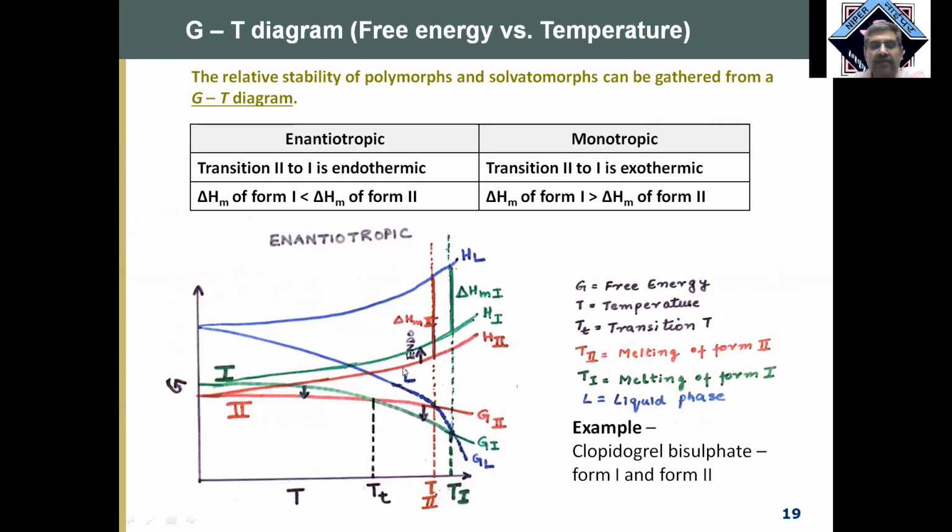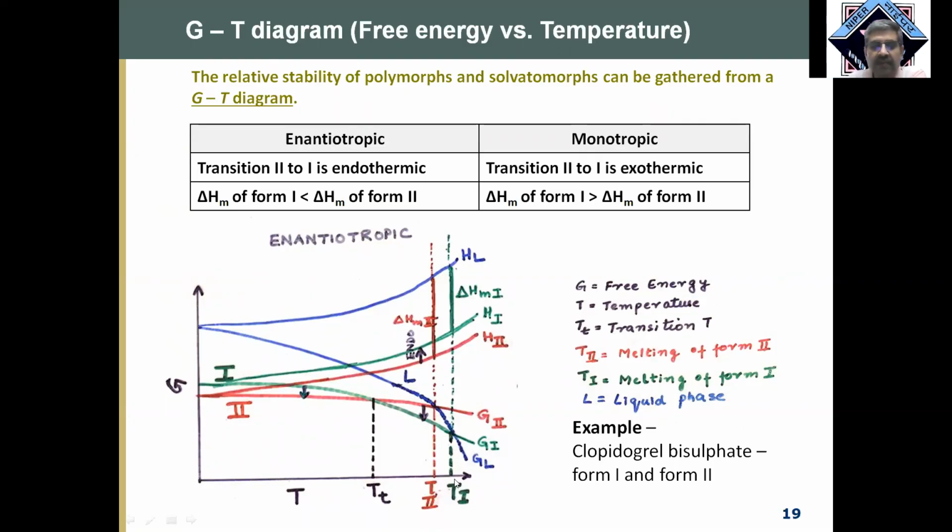This line is for the enthalpy of form 2, H2. This green line is for the enthalpy of form 1, while this is the enthalpy of the liquid state. So G is the free energy, T is the temperature, T transition is the transition temperature, T2 is the melting of form 2, T1 is the melting of form 1, and L is the liquid phase.